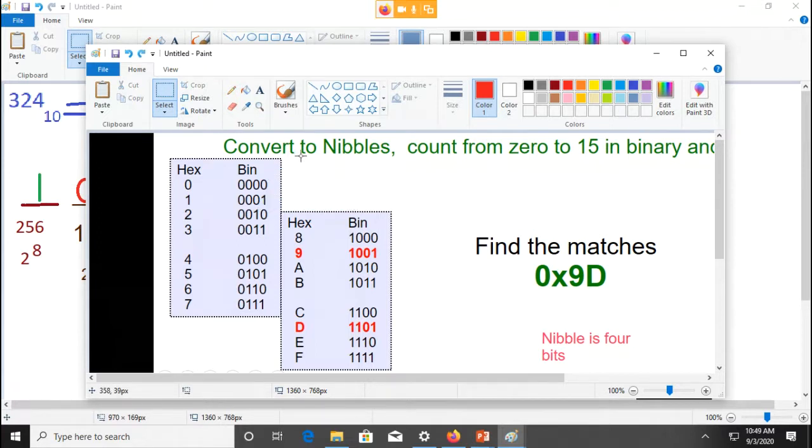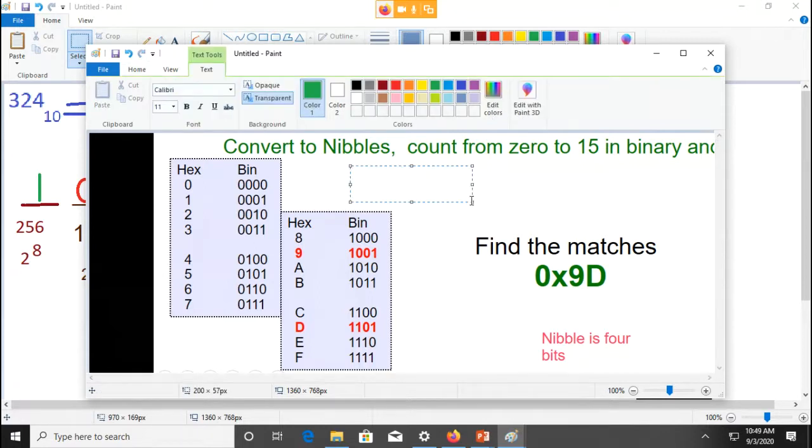Now, if you take 4 bits, that gives you what's sometimes referred to as a nibble.